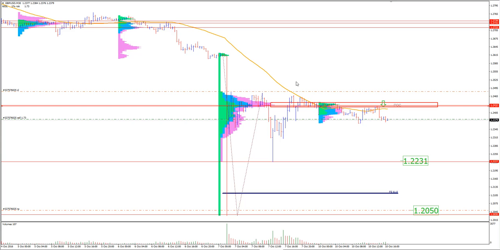It will take at least maybe half a year or even a whole year for the British Pound to prove that it can be independent, alone, and establish good economic results and so on. So the Brexit threat is still active, and as long as it is active, fundamentally this is very, very bearish. So the British Pound is very bearish fundamentally.